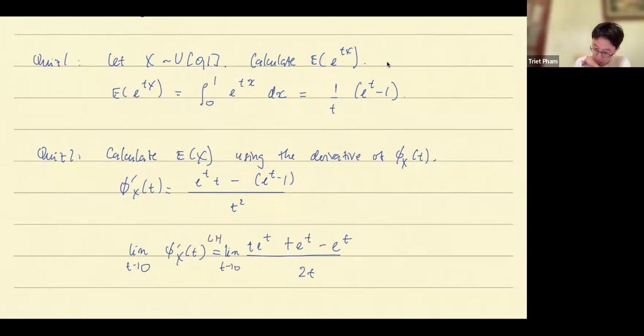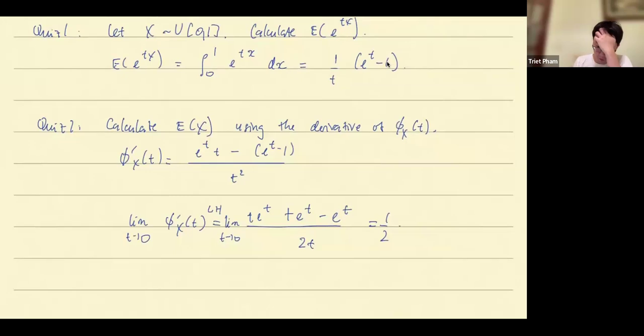And clearly that's just e to the t over 2. So that's 1/2. Which is of course correct, because if you just do it the usual way, the integral of x dx, you get 1/2.